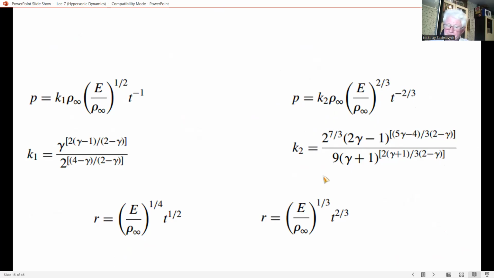The last two equations, P and K2, give the pressure near the center of the blast as a function of time t, with the energy release E as a parameter.